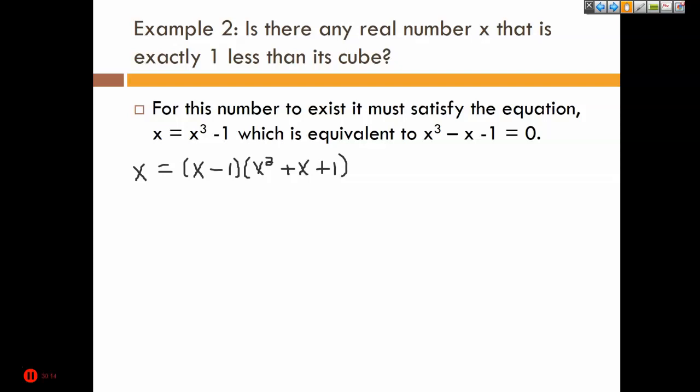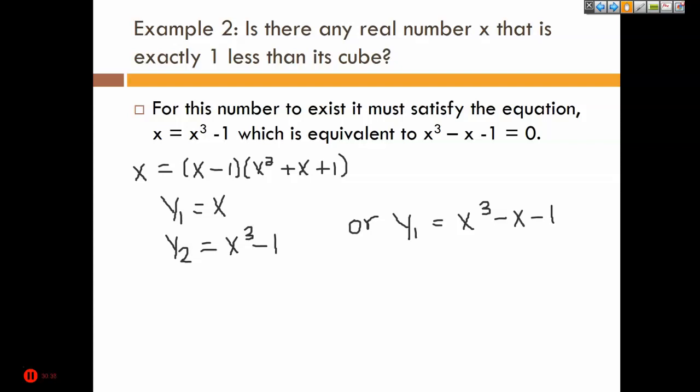What it leaves is the idea that we could set this equal to 0 and use our calculator. So you have two choices: y1 equals x, y2 equals x cubed minus 1, or y1 equals x cubed minus x minus 1.